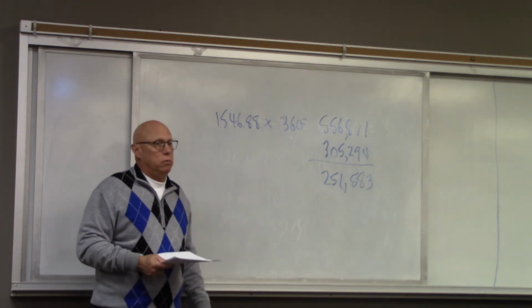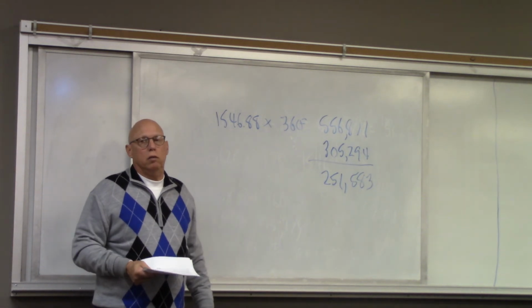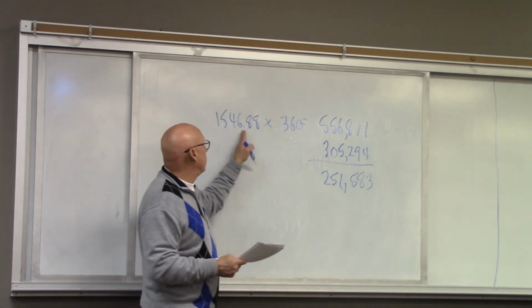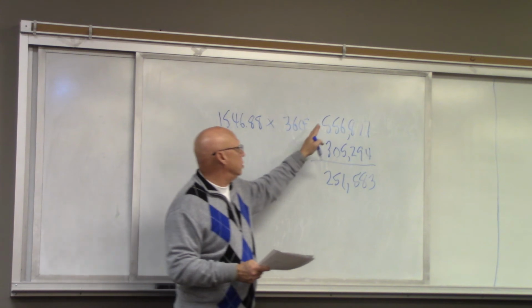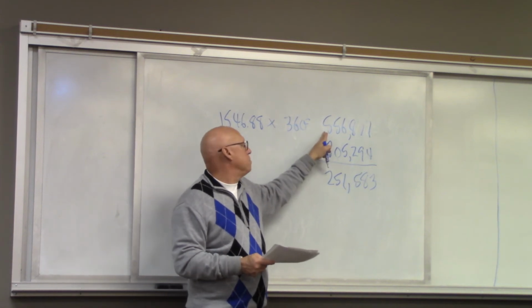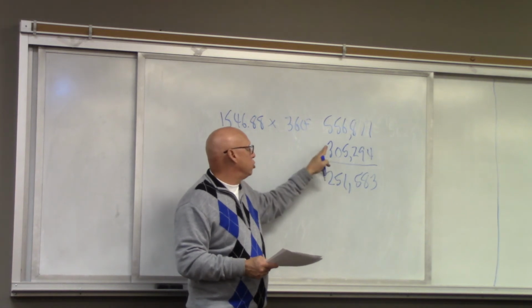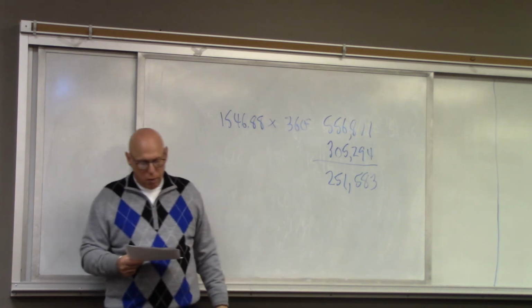Simple enough. Do not overthink that. Lots of you missed it. The number of payments times the amount of each payment is the total amount you're paying back to the bank. Subtract out the present value, the amount you're borrowing, and the difference is interest.